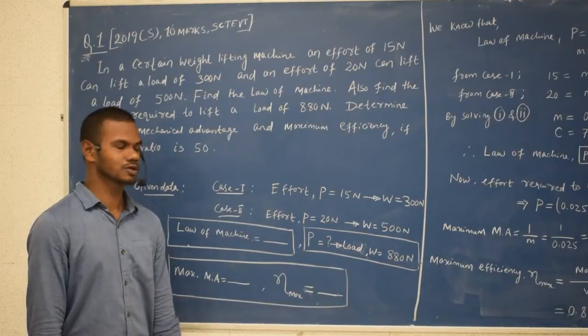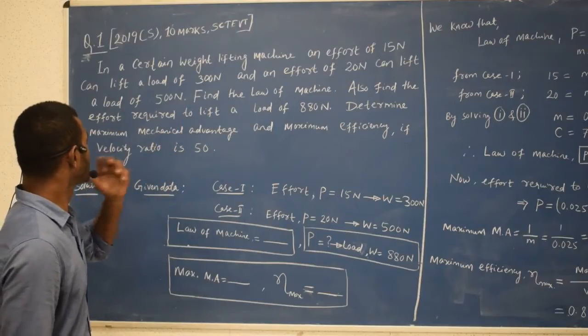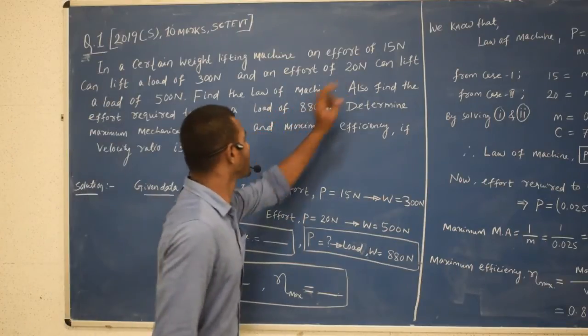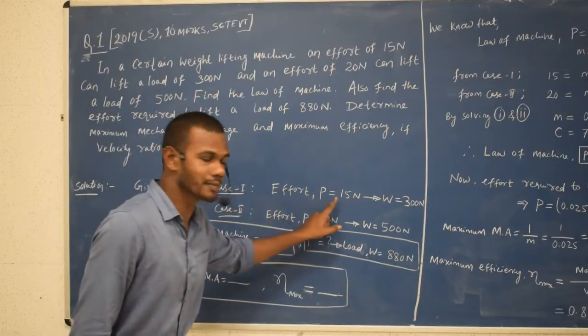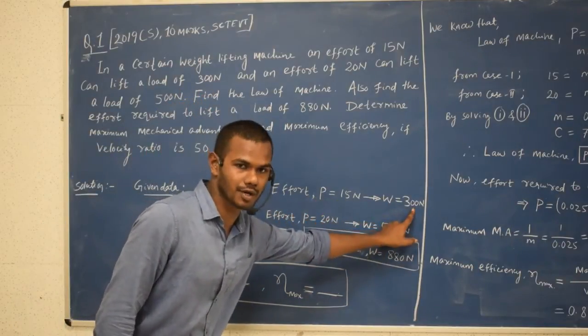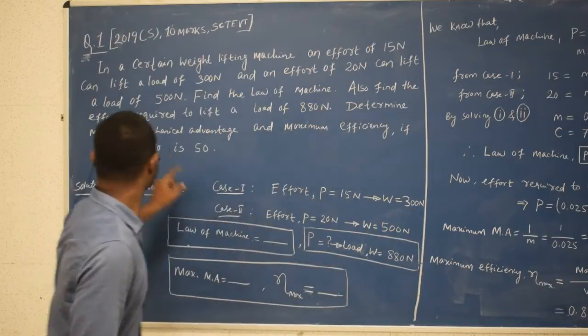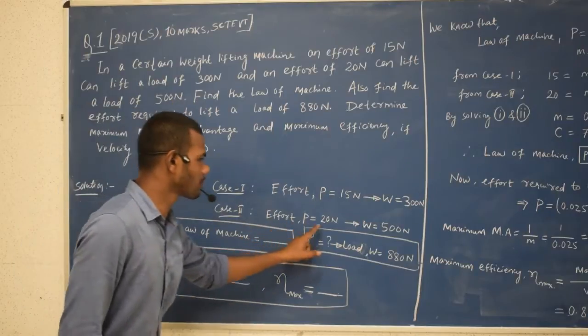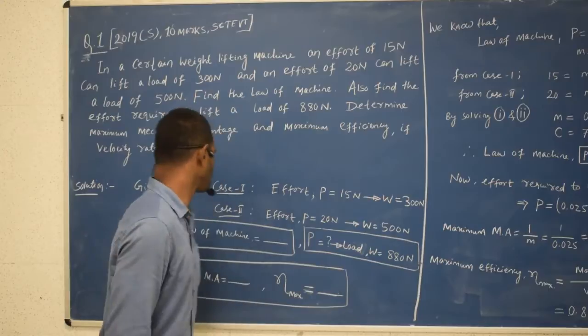Now comes the solution part. What are the given data here? In case 1, an effort of 15 Newton can lift a load of 300 Newton. In case 2, effort P equal to 20 Newton can lift a load W of 500 Newton.